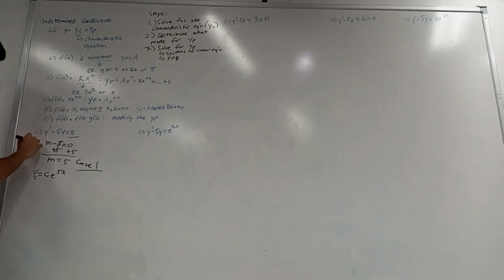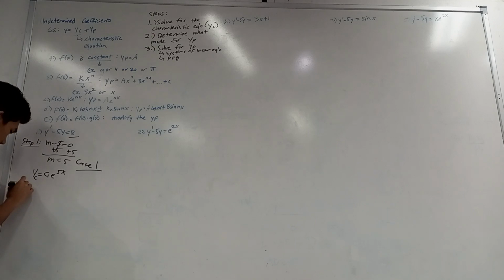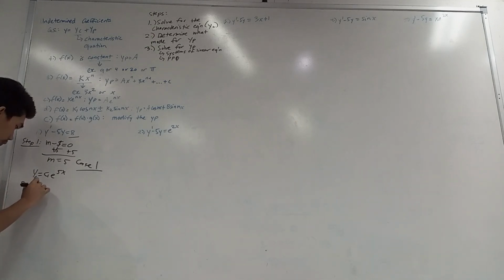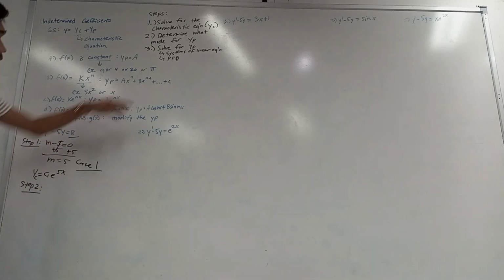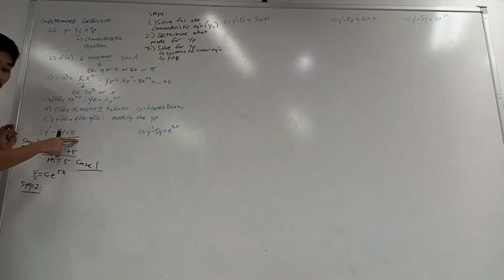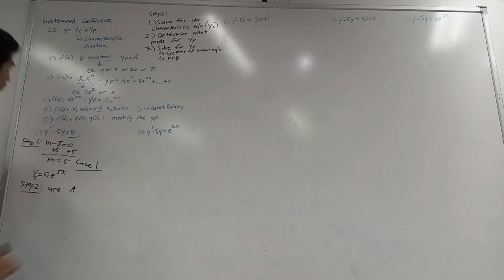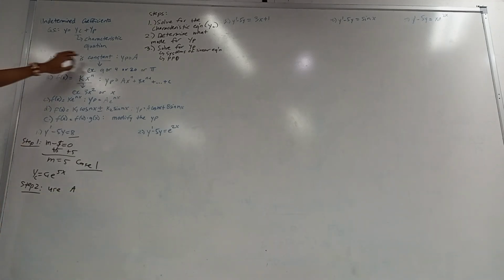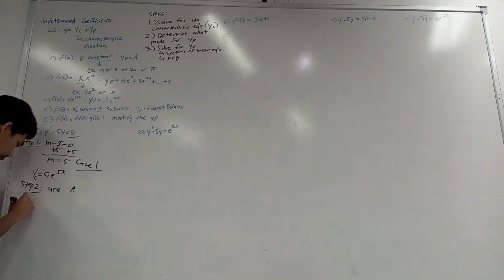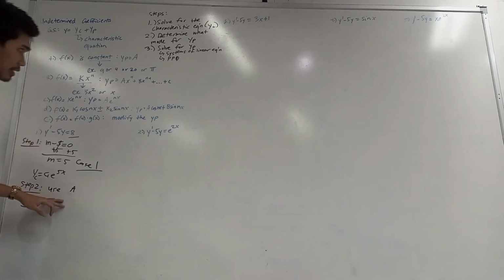And then, step 2, determine what mode for yp. Ang step 2, makita natin na constant laman siya. So makita natin, use A, which is yung constant. Step 3, ano nga step 3?